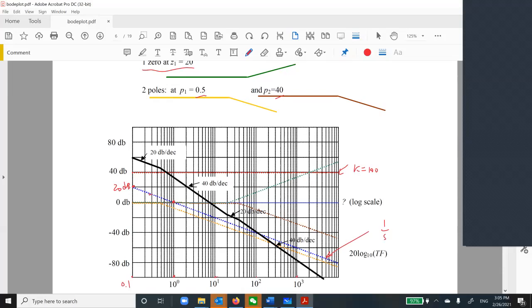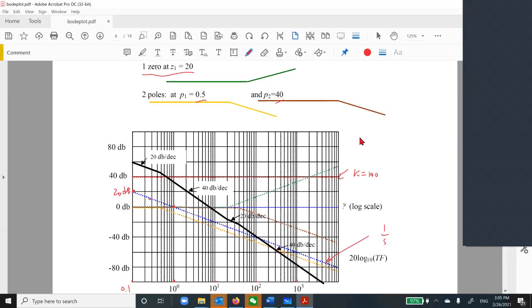Now, we need to check the zero, which is green. What's the breakpoint? The zero is at 20. So this is 10, this is 20. So it's 0 dB, but then you have a positive 20 dB per decade. So I have a 20 dB line. This is my 20 dB line. Then we draw this line, okay?